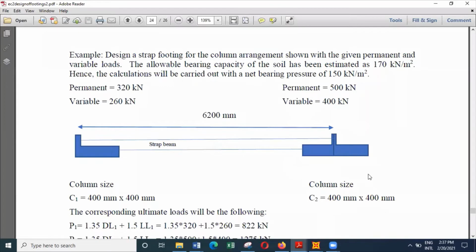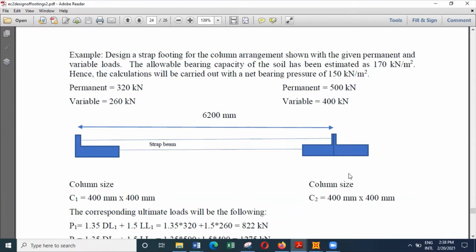We know this is going to be 2.5 meters of width, and we also know the ultimate bearing here is 206. So we are going to maintain the same ultimate bearing here as well, again 206. And corresponding to all these, we can find a suitable width for this inner footing. So inner footing loads are known, pressure is known.